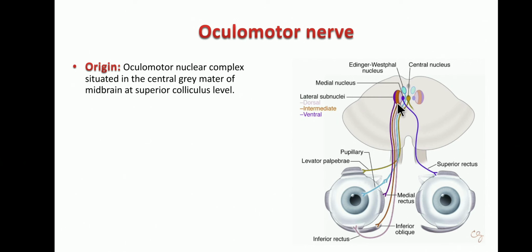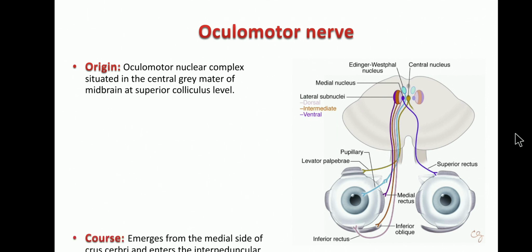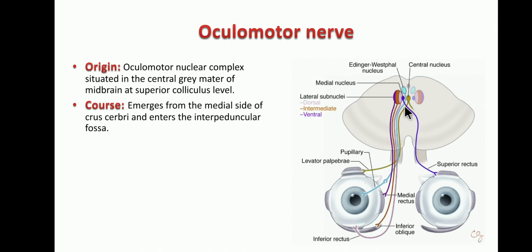Consensual is when the opposite eye, where the light is not thrown, also reacts. That is called the direct and consensual pupillary light reflex. That is mainly by the pretectal nucleus. So the pretectal nucleus and Edinger-Westphal nucleus are accessory nuclei of the oculomotor nerve.